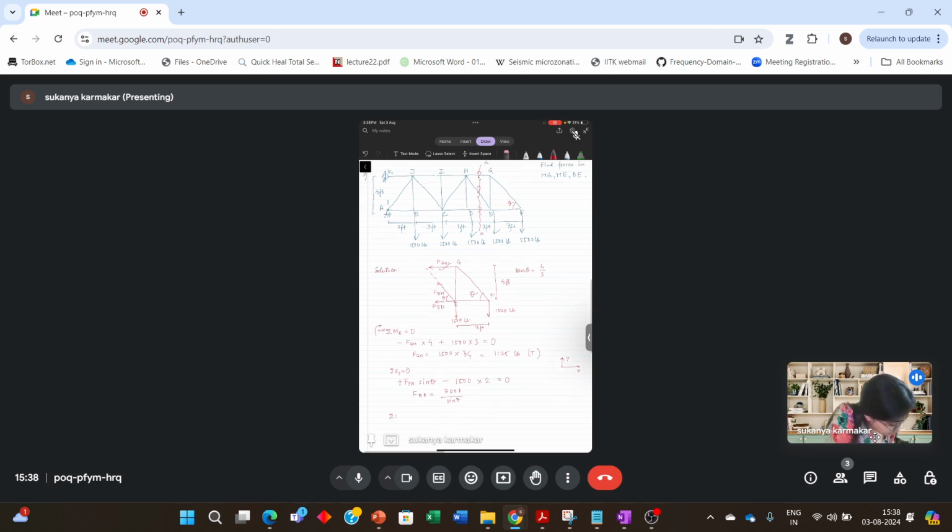Now do summation of Fx equal to 0. Now you know FEH. Now I want to find out FED. So minus FED, because it's in the negative x direction, minus FGH, negative x direction, minus FEH cos theta is equal to 0.